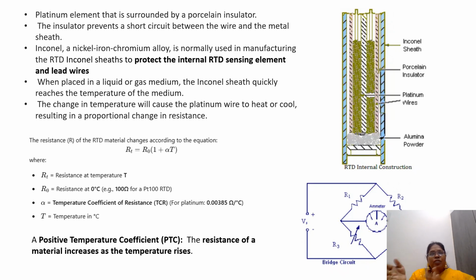How much the resistance changes will be calibrated to the change in temperature. The resistance of the RTD is given by RT equal to R naught into 1 plus alpha T, where alpha is the temperature coefficient, R naught is the resistance at 0 degrees Celsius, RT is the resistance at some temperature, and capital T is the temperature in degrees Celsius.